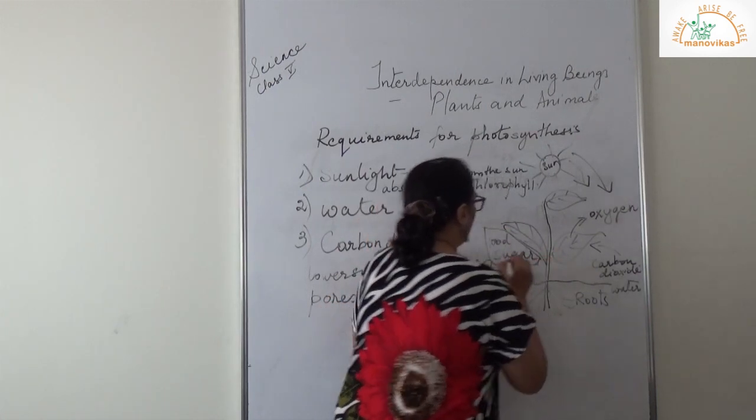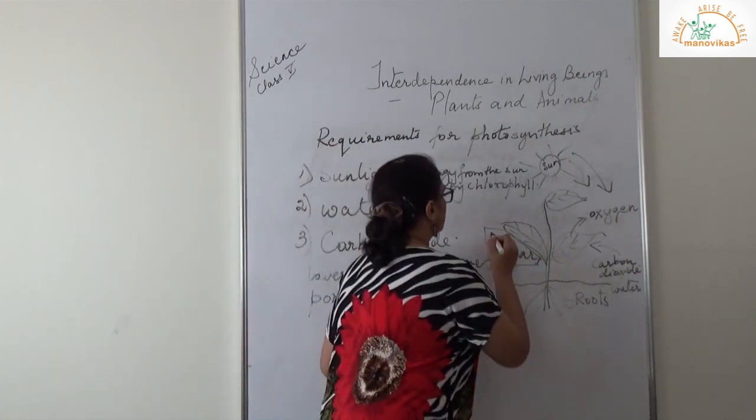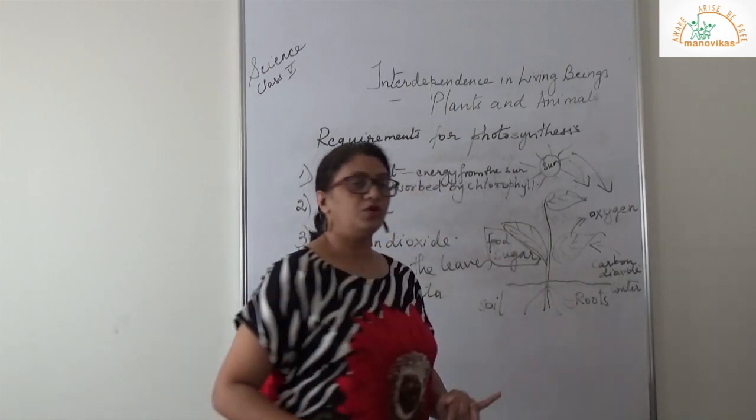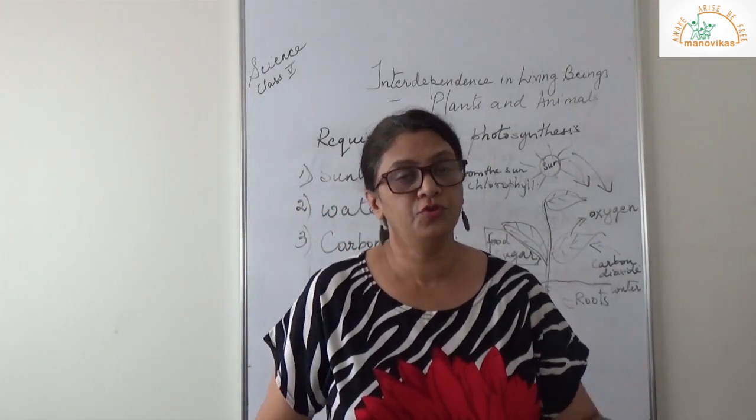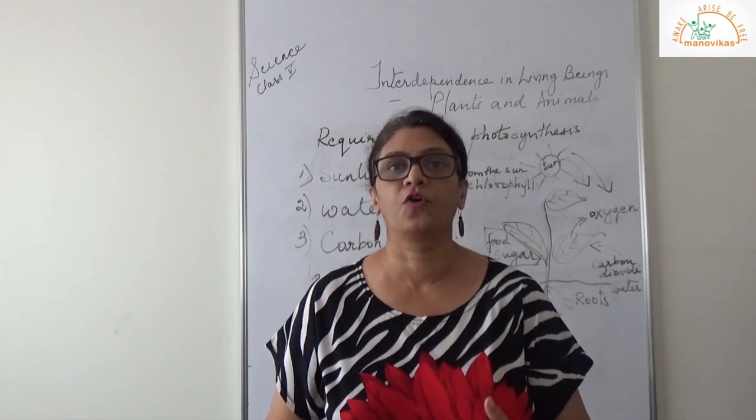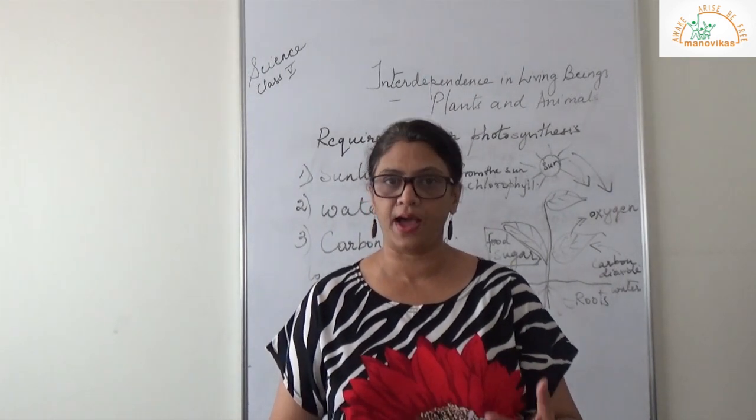Food in the form of sugar is produced. Now, food in the form of sugar is used for the growth of the plant.